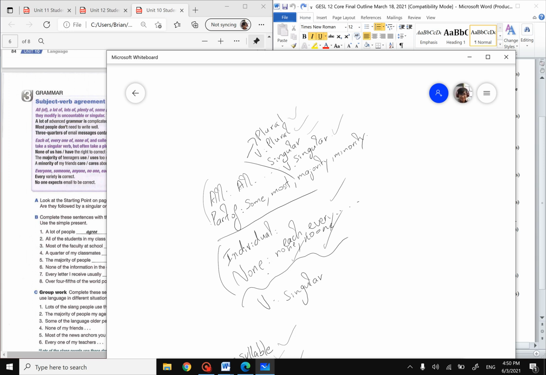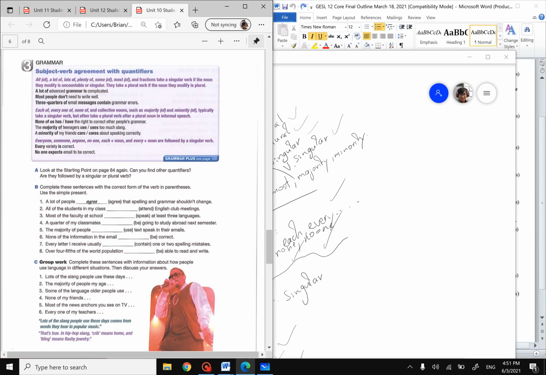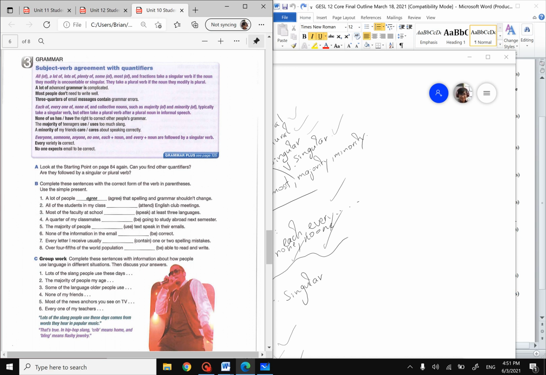On the other hand, if the quantifier means individual or none, we don't have to look at the noun, we just use a singular verb directly. Like the example in exercise number 6 here, none of the information in the email. We see the words none of, so we don't have to think, just put is, or other verb plus s.